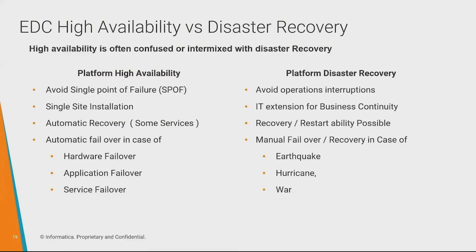It is generally applicable in case of a natural calamity like an earthquake or hurricane. Business continuity is a prime example of that. Disaster recovery is configured across multiple sites in different geographies, so you wouldn't have your primary data center and disaster recovery data center next to each other. They will be at least, if not countries apart, then miles apart.